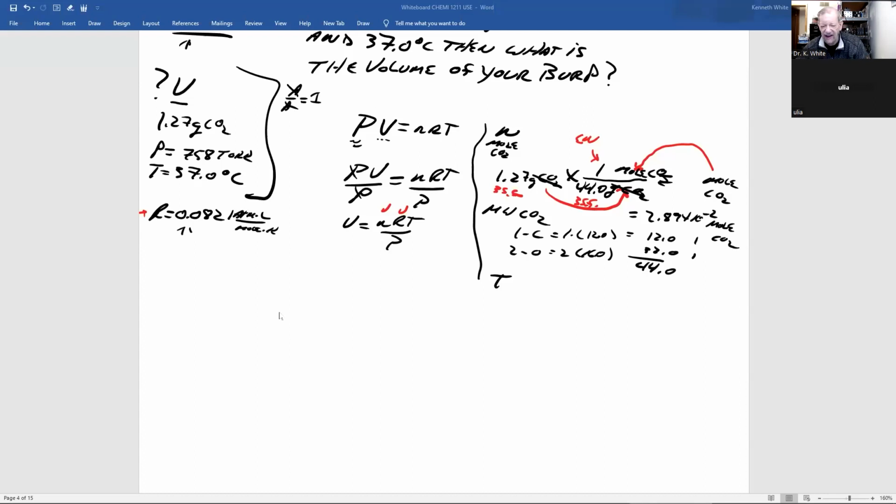So temperature in Kelvin, that's not ink, it's in K, equals degrees C plus 273. And we have in degrees C 37.0 degrees C plus 273. And that equals 300.0 Kelvin. If I did my math right. Nope, I didn't do my math right. Hold on, I'm going to check it on my calculator.